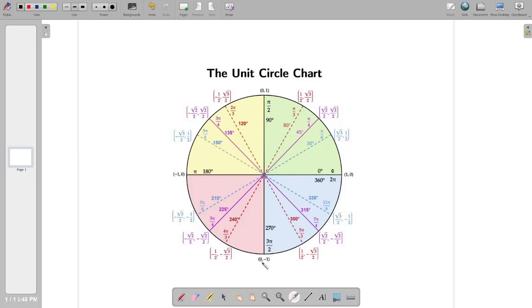Now, if you notice, every integer pi after pi over 2 and every integer pi before pi over 2 will yield another terminal point where the x value is equal to 0. So it can't be pi over 2, 3 pi over 2, and if we continue to rotate around, we would have 5 pi over 2, 7 pi over 2, 9 pi over 2, and so on. We could also go in the negative direction. Negative pi over 2, negative 3 pi over 2, negative 5 pi over 2, negative 7 pi over 2, and so on.